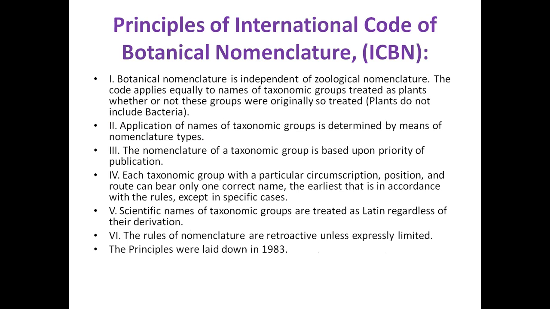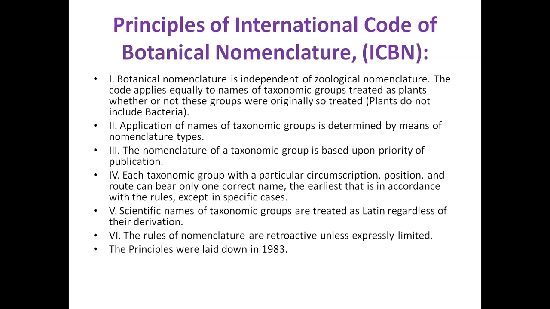And what are the principles of ICBN? Now, as we discussed earlier, there are 6 principles of ICBN. The first one is that botanical nomenclature is independent of zoological nomenclature. So both have different nomenclature for the plants and zoological names.